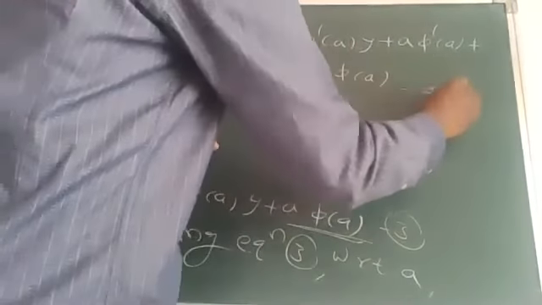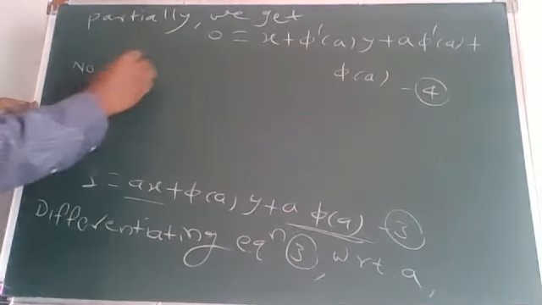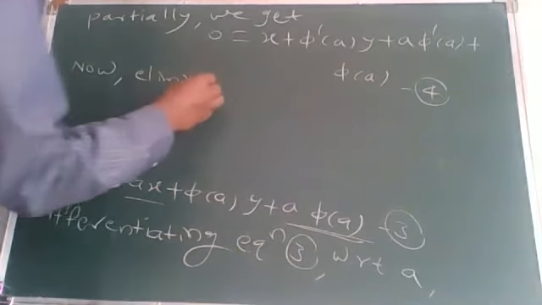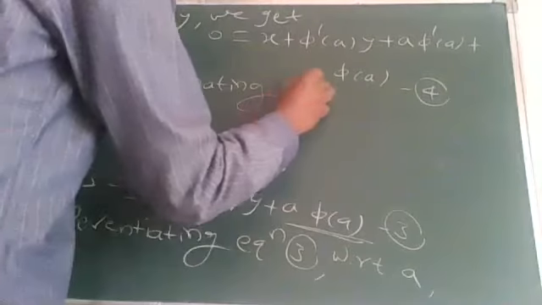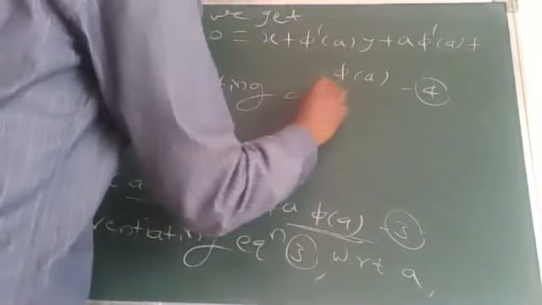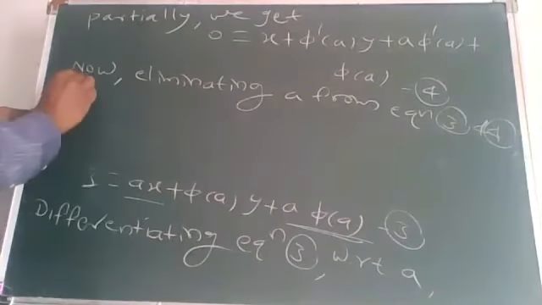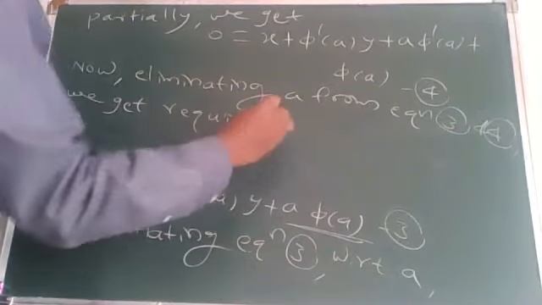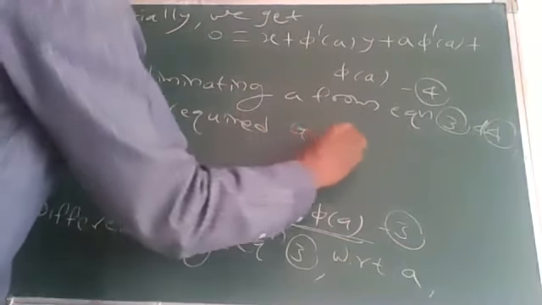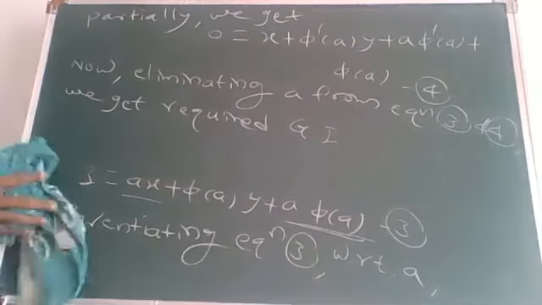This is denoted equation number 4. Now eliminating a from equations 3 and 4, we get the required general integral.